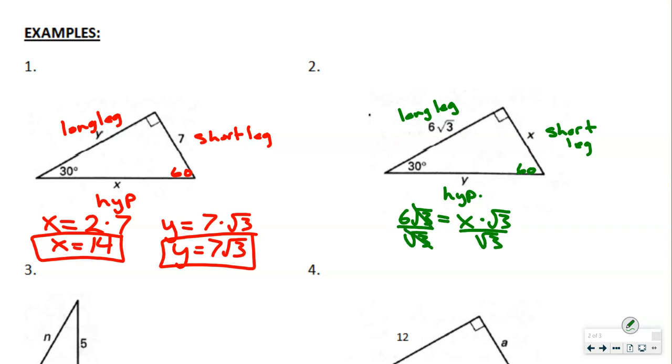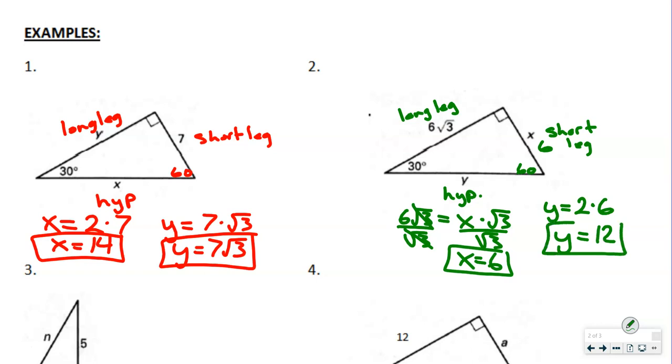Square root of 3 will just cancel out, so x will equal 6. So now we have our short leg. We can use that to real easy find our hypotenuse, find y. So y will equal 2 times our short leg, and our short leg is 6, so y equals 12.